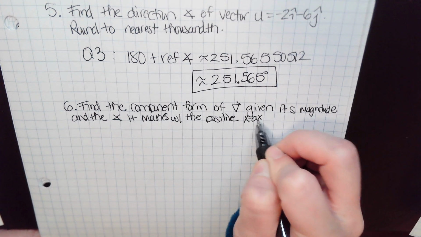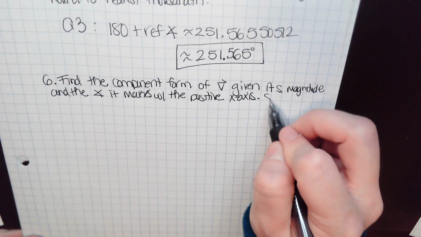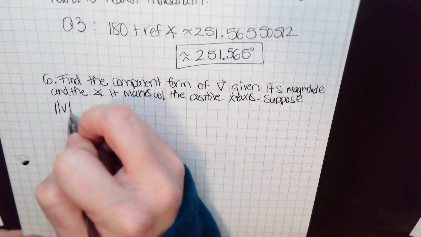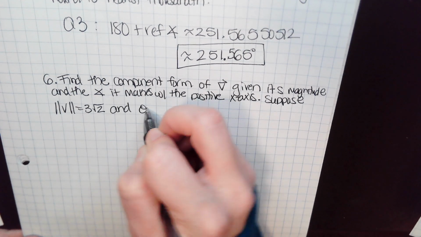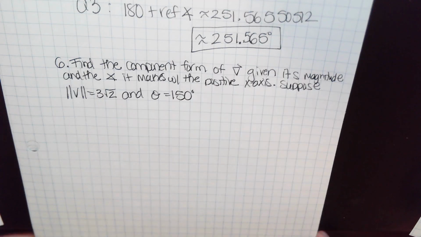So before, we haven't been given the angle; now we're actually given the direction angle. Suppose the magnitude of v is 3 rad 2, and your direction angle is 150 degrees.